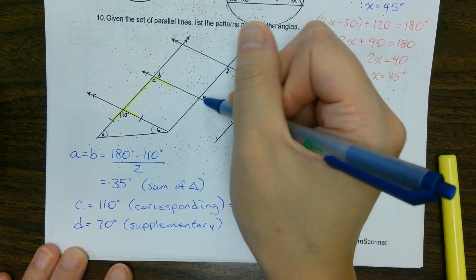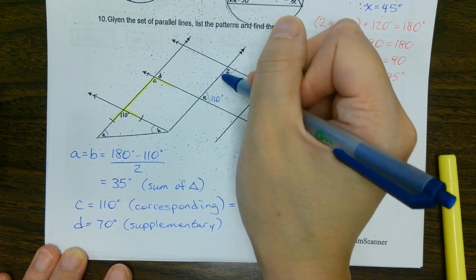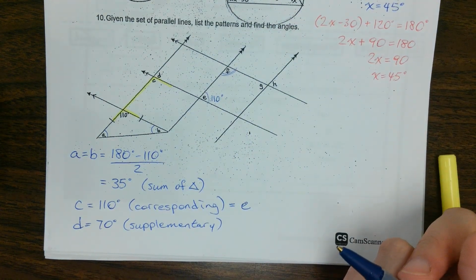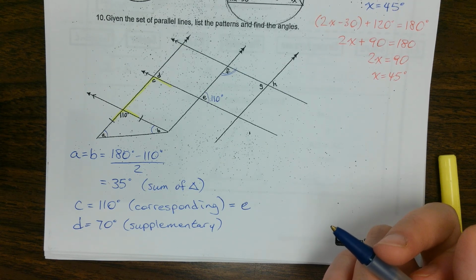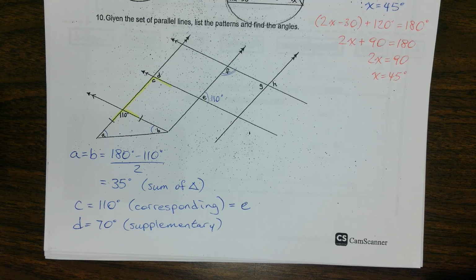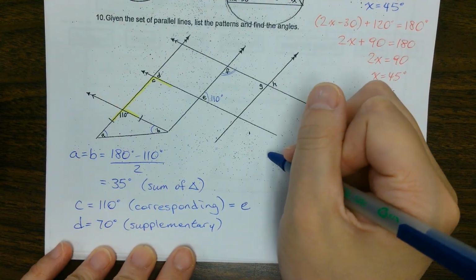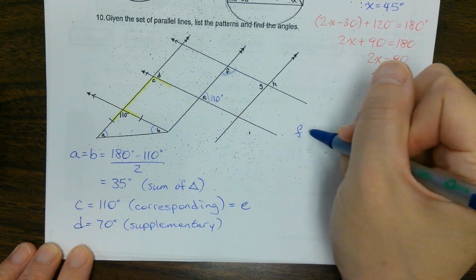So if I know that E is 110, how do I find F? Not alternate. The C, what's the name? Co-interior. Co-interior, right. Okay, so F is, here, I'll write it up here.